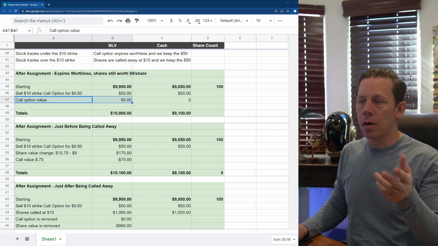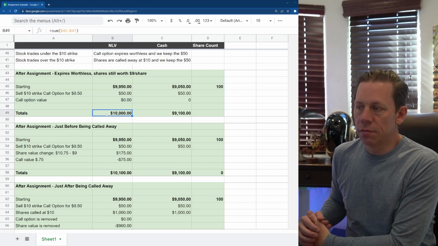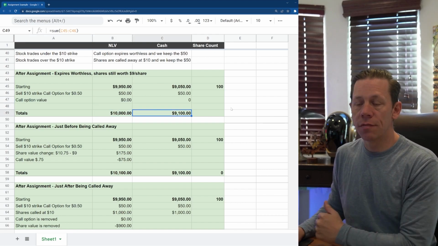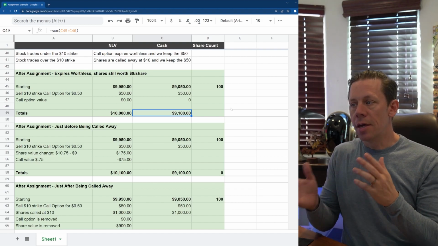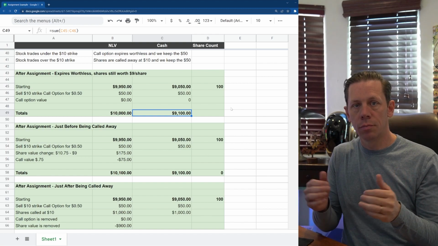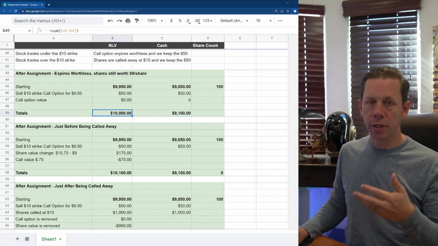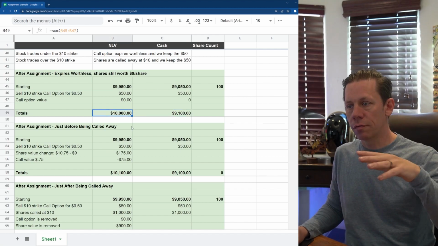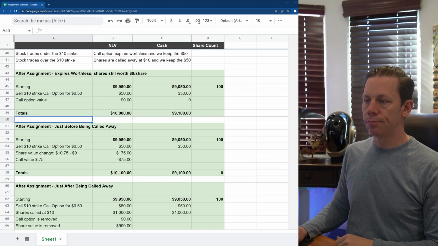We keep the $50, so we'll be back at $10,000 net liquidation value. Our cash value would still be $9,100, and this, of course, assumes that the shares are still trading around $9 per share. If they had gone up a little bit, then our net liquidation value would have gone up with the shares, or gone down a little bit more with the shares.